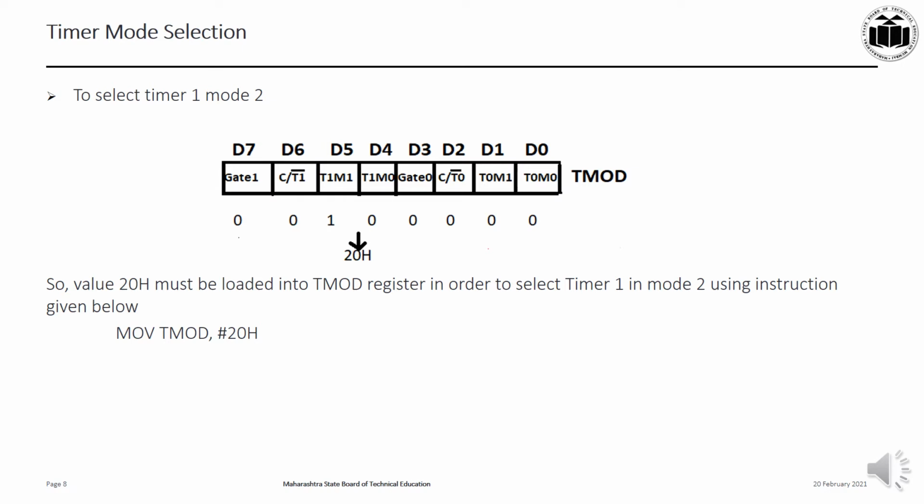So we have to load 00100000 into TMOD. By converting this into hexadecimal, we get the value 20H. So the value 20H must be loaded into the TMOD register to select timer 1 in mode 2. We can use the instruction MOV TMOD, #20H, which will load 20H into the TMOD register.